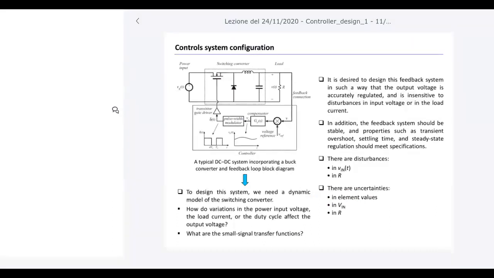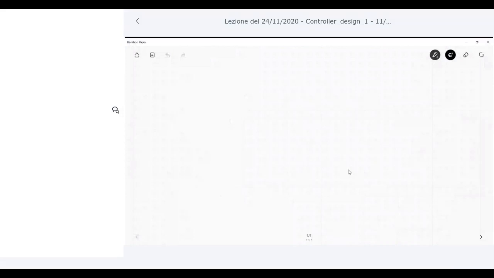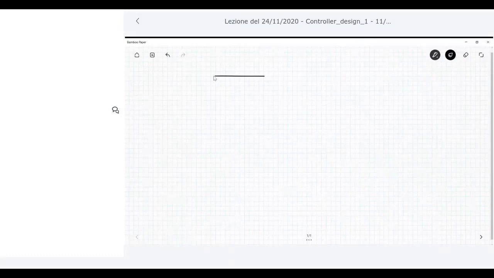Let me describe the behavior of the system in this dynamic situation. I have to share my whiteboard here. I have the converter.